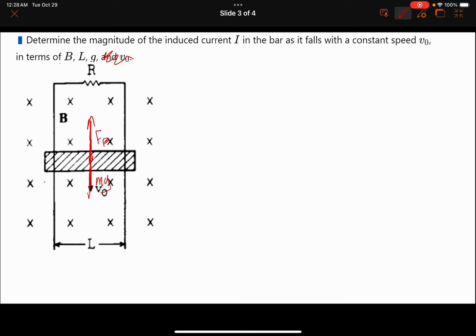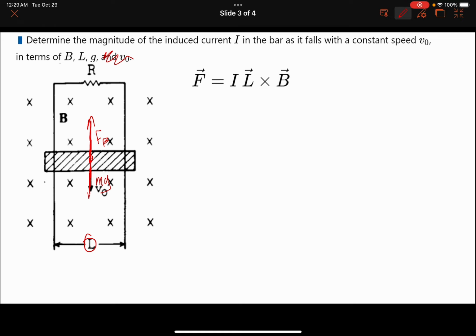For the magnetic force, there are some equations, but the one that applies here, since we have a bar that has a length L, is that the magnetic force is equal to the cross product of I, L, and B. Now, we know that because there was a voltage induced, there will be a current induced as well, and that's what we're trying to figure out.